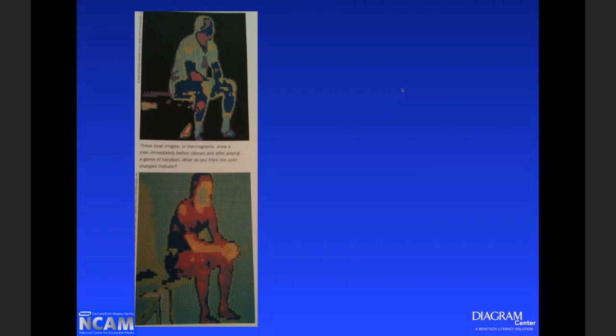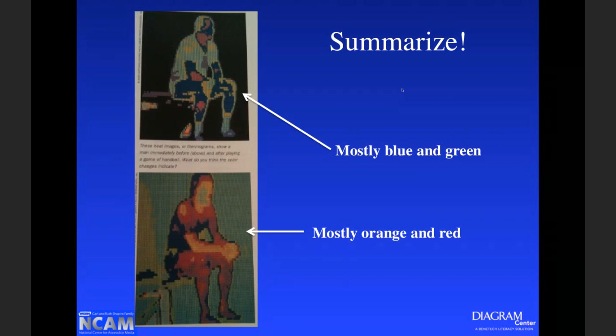Is it green? Is it blue? Where's the yellow? Where's the red? Where's the orange? And you get back 3 or 4 paragraphs describing these heat images, where in fact, in context, all that's important is the top image is mostly blue and green, and the bottom is mostly orange and red.